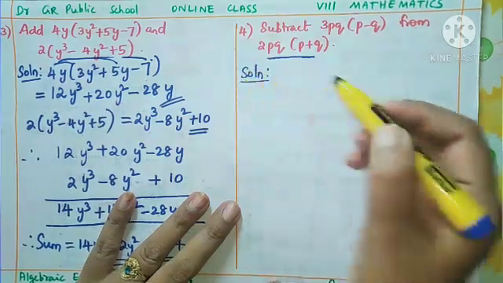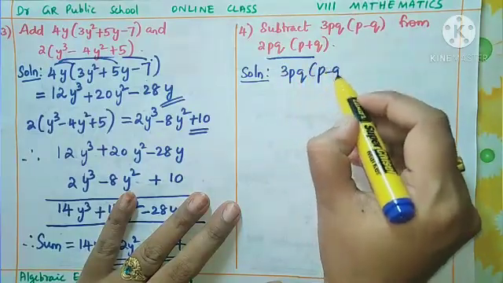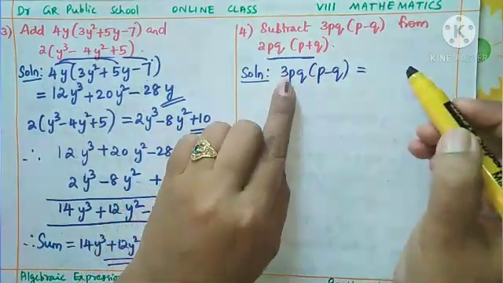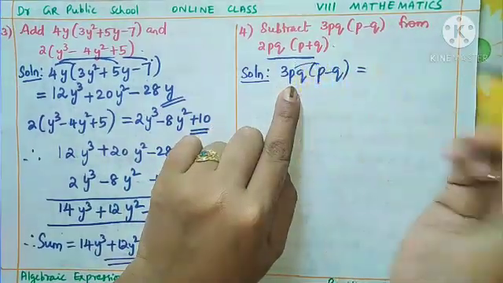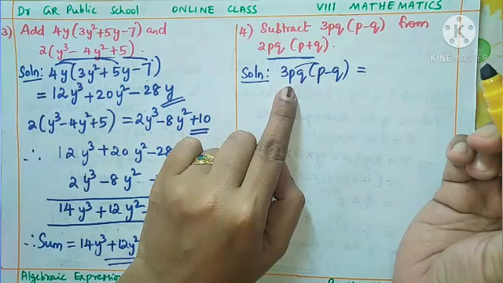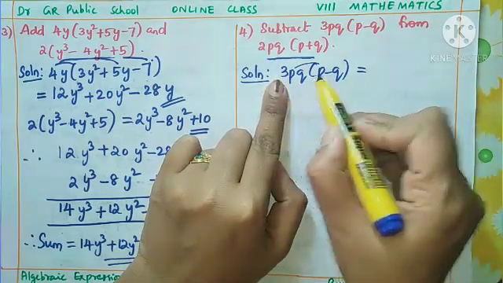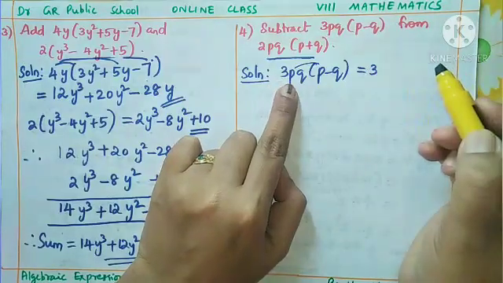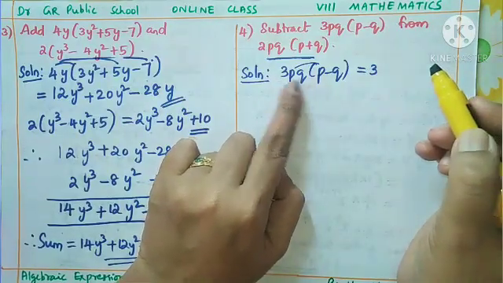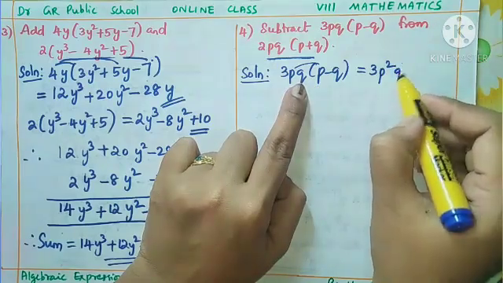So start the solution. First we need to simplify the expression. 3pq into p minus q is equal to 3pq into p first. And when you multiply like this, you want to add the powers of the same variable. So here 3, here no number. So 3, p into p is p square and q is alone. So q.